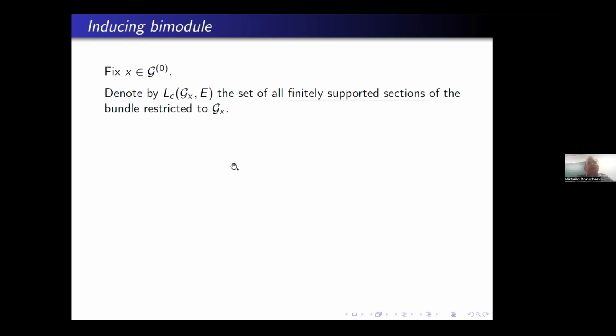This bimodule is going to be the set of all finitely supported sections of the bundle restricted to this set. Let me recall that this is the set of all morphisms going out from the same vertex. And we transform this into a bimodule.